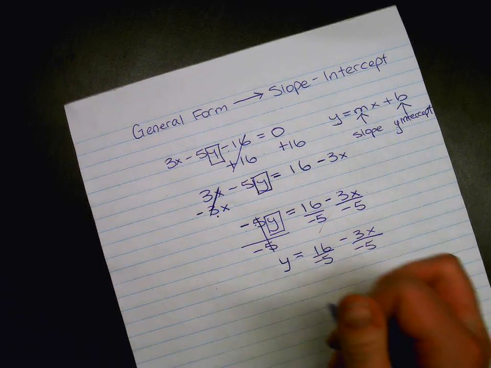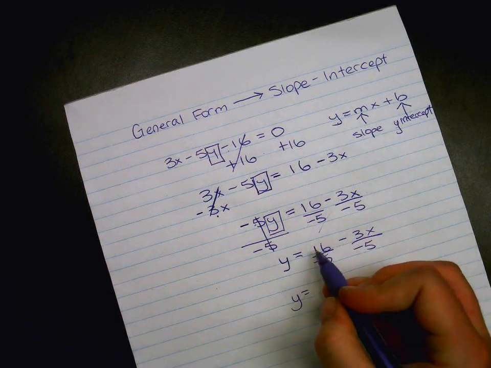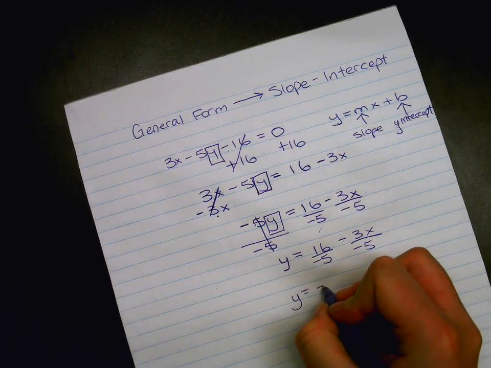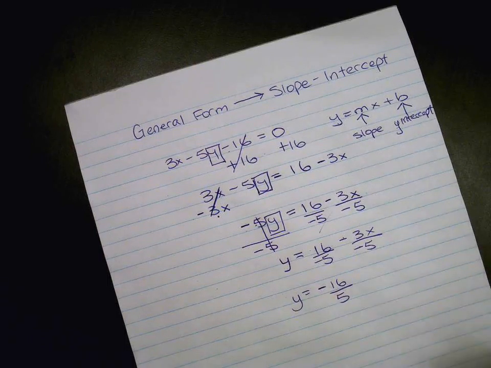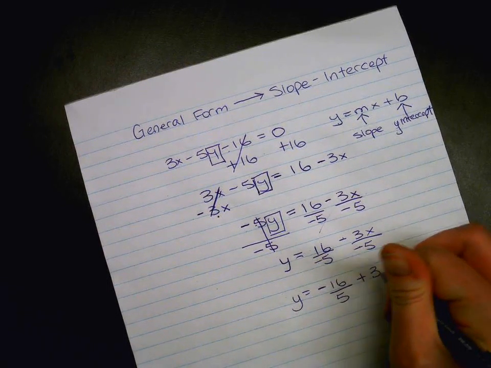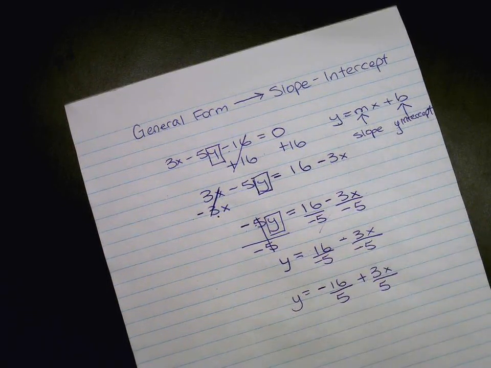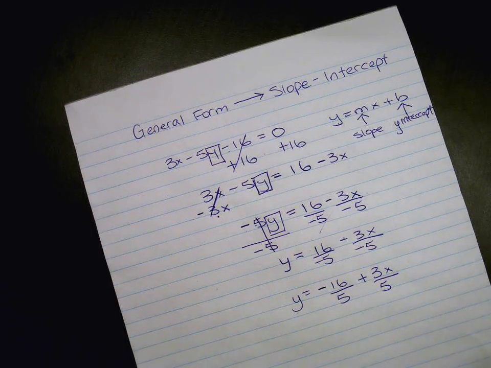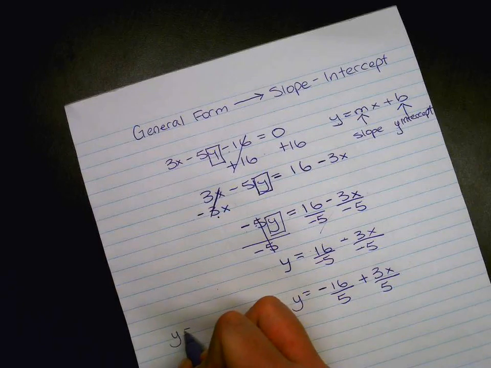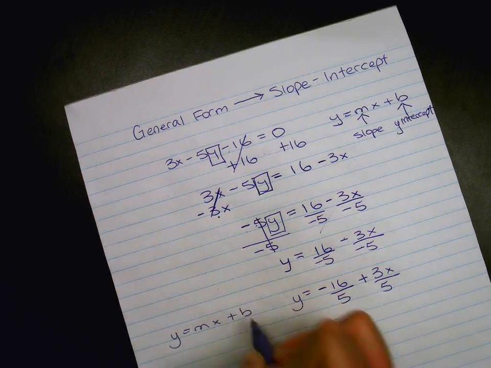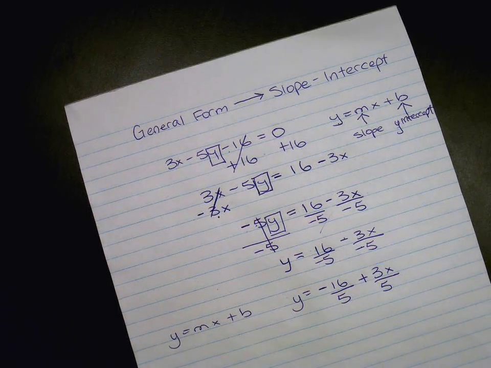First, I want to take care of our signs. We have a positive divided by a negative, so we have negative 16 over 5. And we have a negative divided by a negative, so we'll have positive 3x over 5. And if we want it to look like y equals mx plus b, we can rearrange our formula to be in that order.